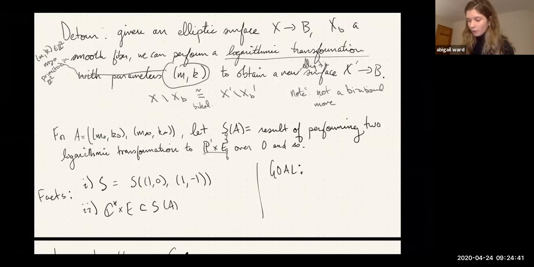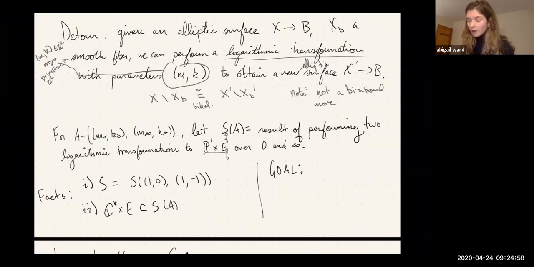And I'm going to index them. So m_0, k_0, those are the parameters that give you the logarithmic transformation over 0. m_infinity, k_infinity gives you the parameters over infinity.